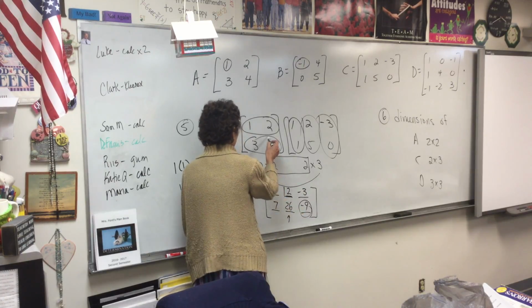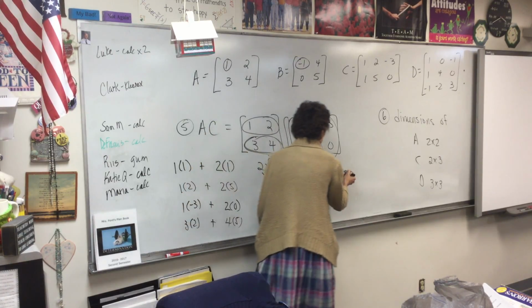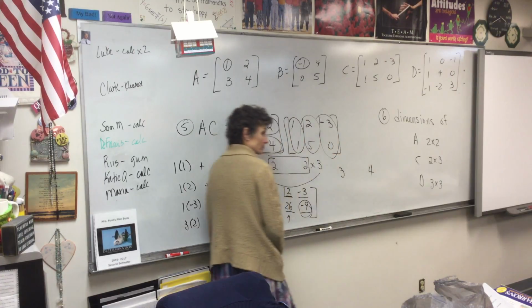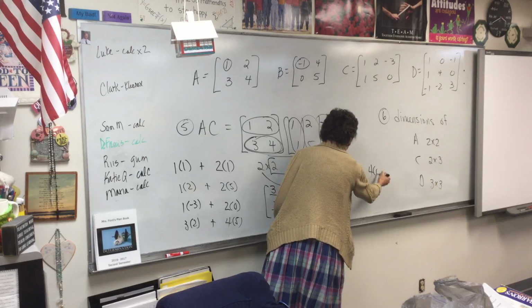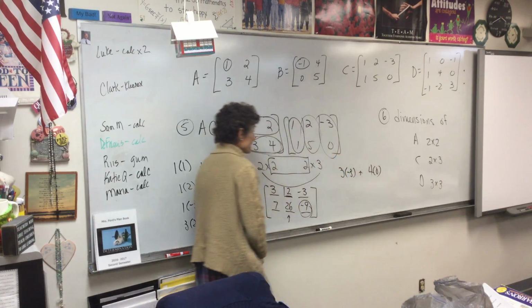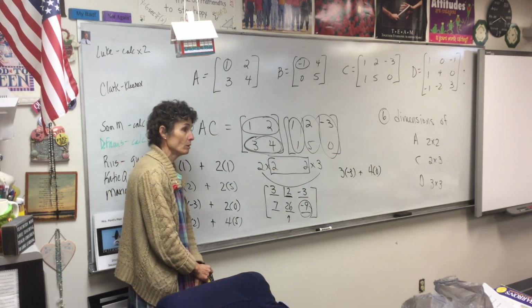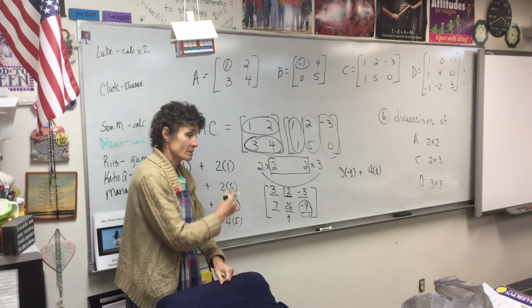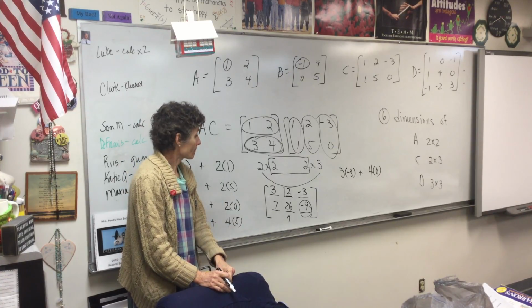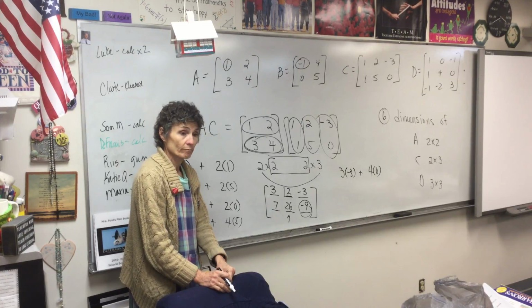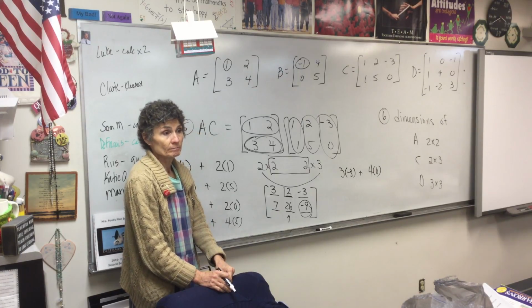So I'm going to multiply the second row, so there's 3 and 4, spread them out, times the third column. So I get negative 9 plus 0, which is negative 9. Okay?